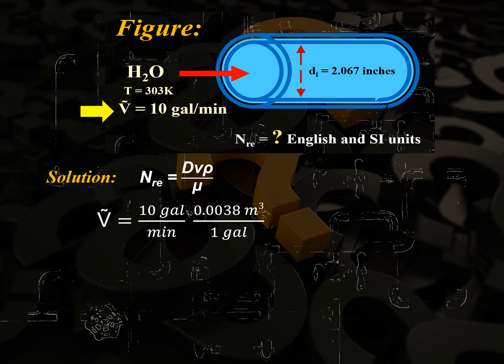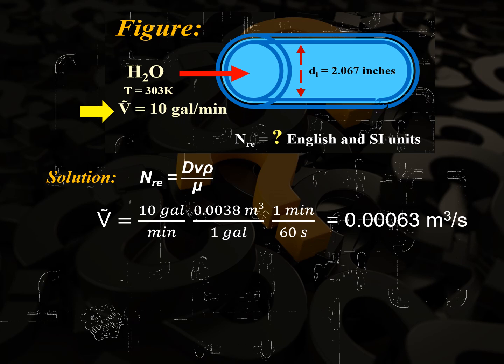This value leads us to the calculation of the velocity. But first, we will convert the volume into the MKS system of units, and that will make it consistent with the converted unit of the diameter. The calculation gives us a volumetric flow rate of 0.0063 cubic meters per second.